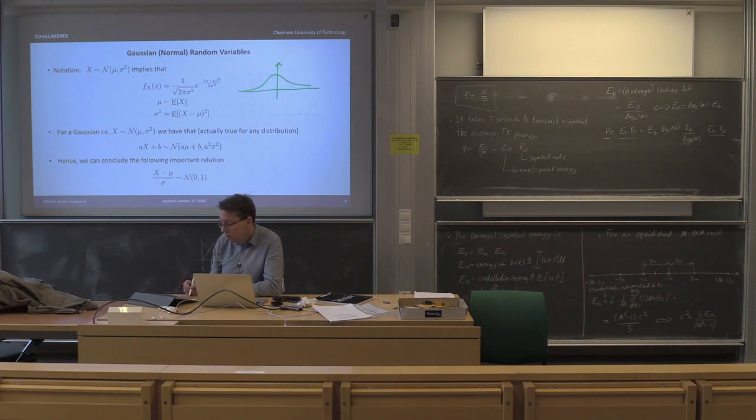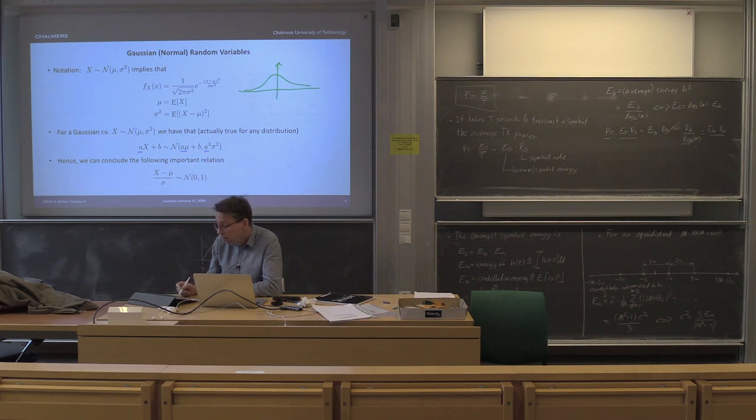It turns out that the scaling factor a comes into scaling the variance, but squared. So multiplying with a squares the variance, and it also multiplies the original expected value here.